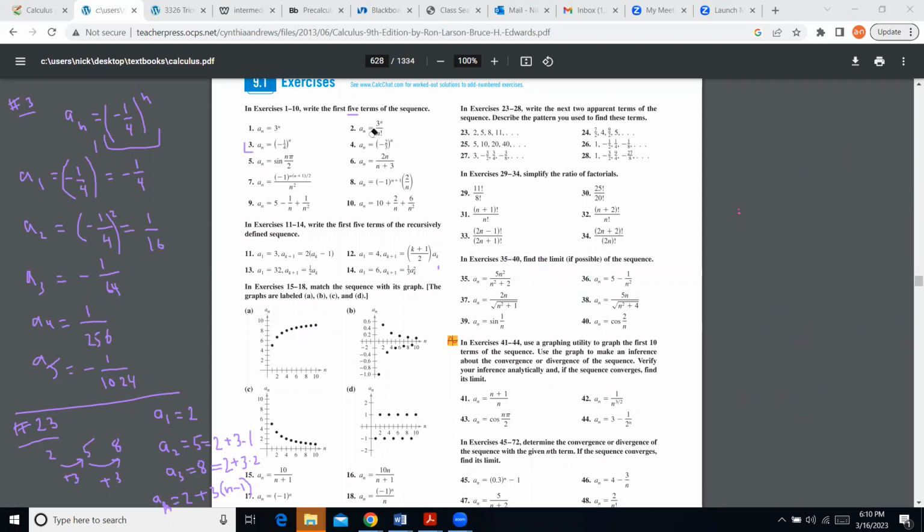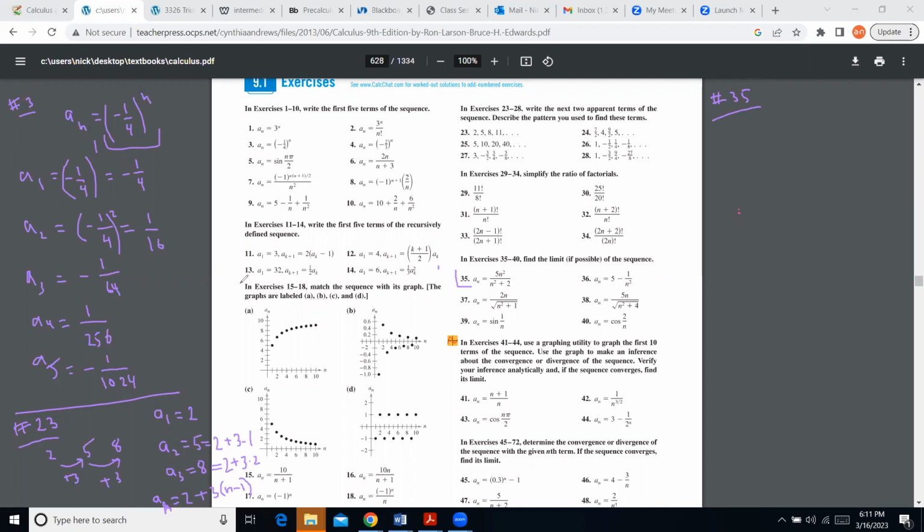So what else is here? Well, they are trying to find a limit of the sequences. So for example, in exercise 35, we see where the terms of the sequence will approach.